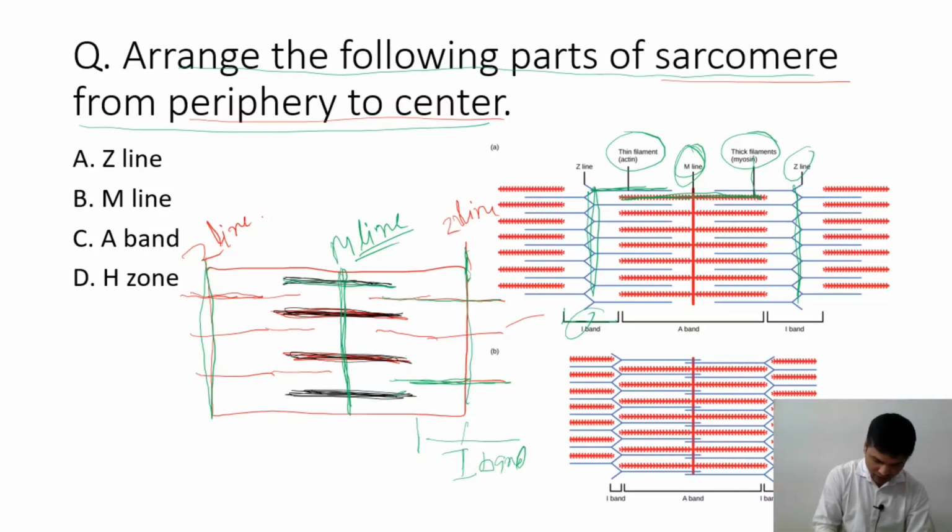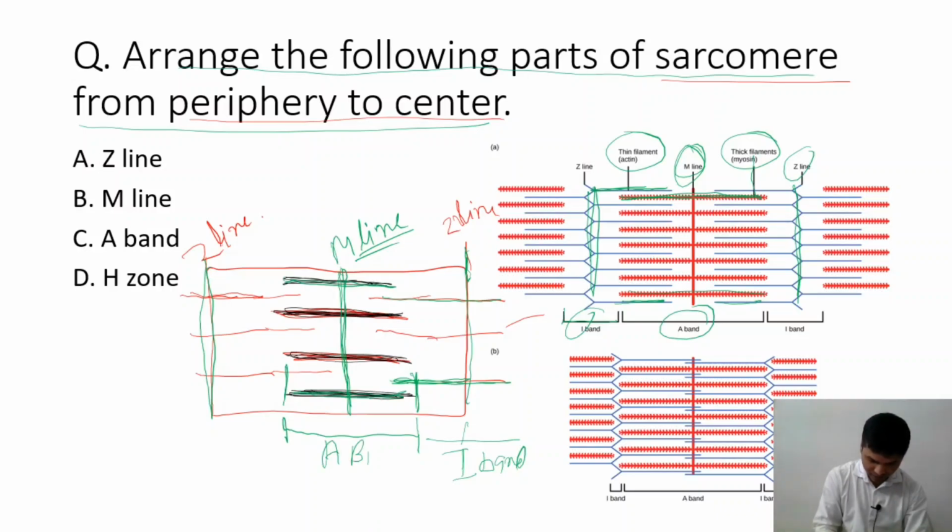This is the thin filament, actin, called the I band. Then from here to here both are there, one is myosin and one is actin. Actin and myosin both are here, so that is called the A band. Here you can see the actin and overlapping myosin. So this is called the A band.